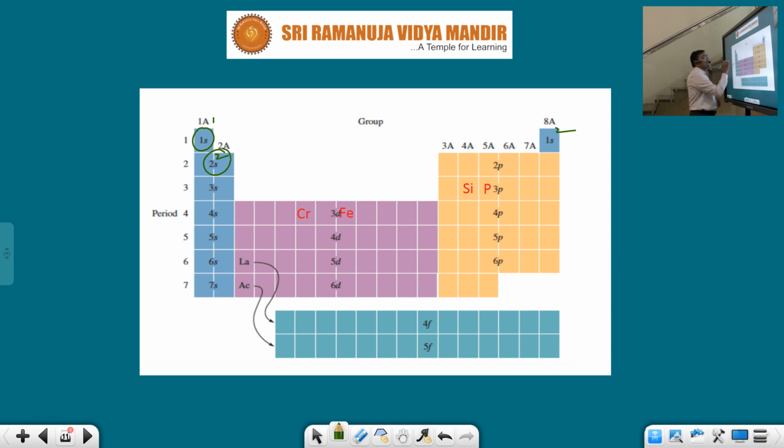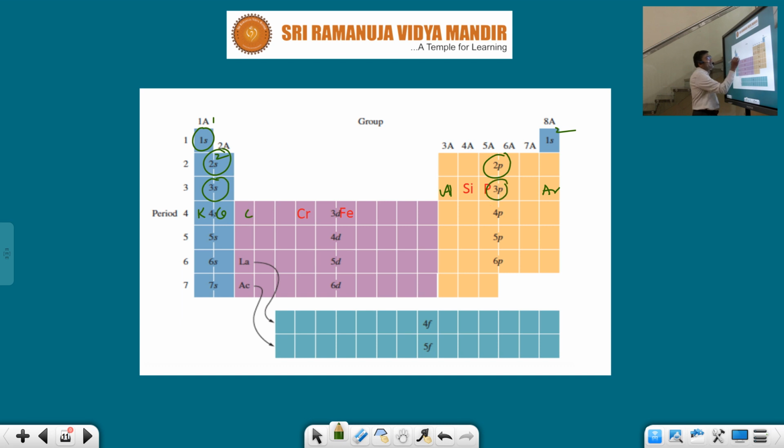After that, 2p will be filled. After that, 3s as per the Aufbau principle. After that, 3p. 3p means from aluminium to argon. Next, 4s, potassium, calcium will be filled.